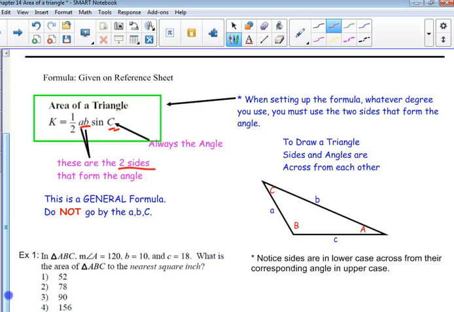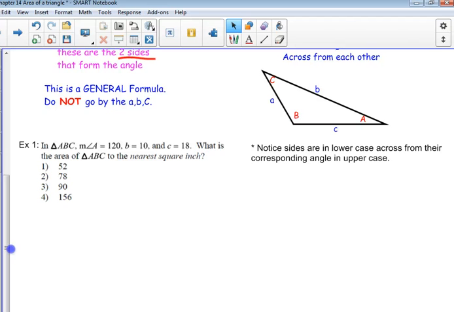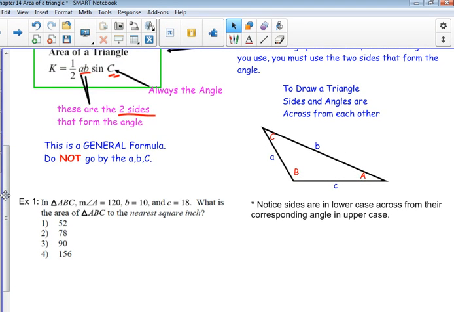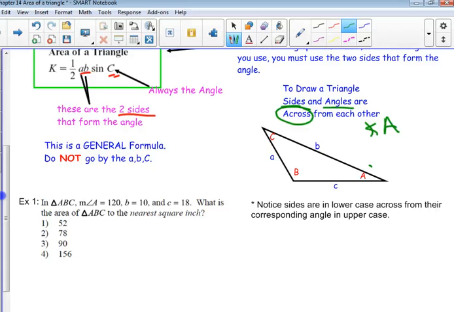The other thing that's going to be really important is that you guys are drawing your pictures correctly. Because if you're not drawing your pictures correctly, you can't figure out what sides and angles go together. So whenever we are drawing our pictures with a triangle, we want to make sure that sides and angles are across from each other. Angles are usually going to be capitalized, and they're going to be on the inside of my triangle.